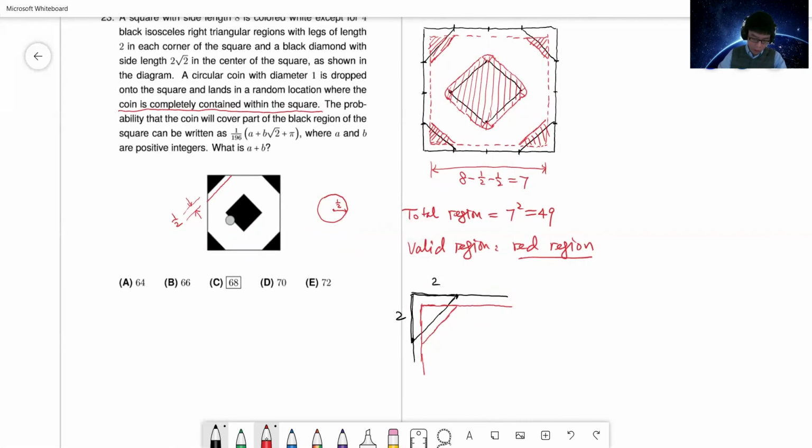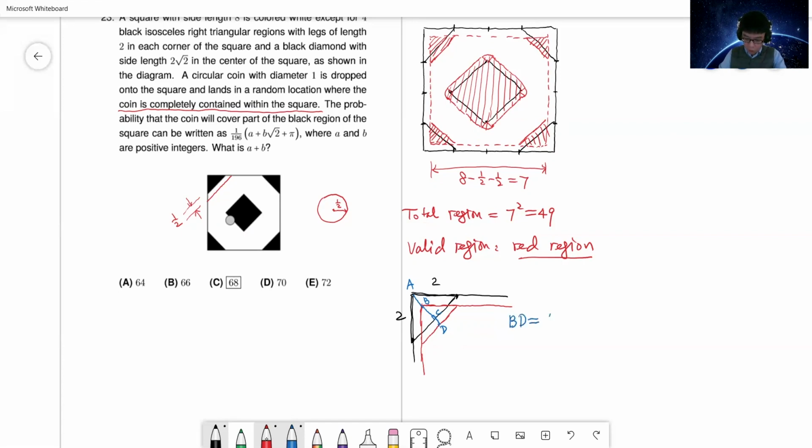So basically, we can calculate this distance. Let me call these A, B, C, D. CD is a midpoint of the corresponding hypotenuse. So we need BD.